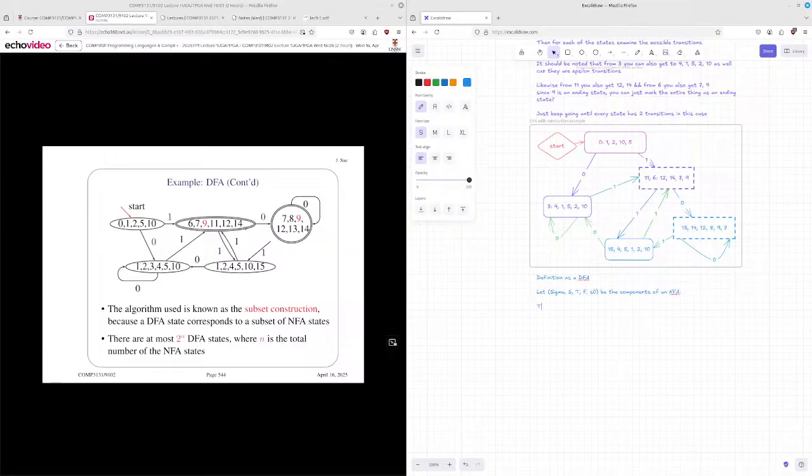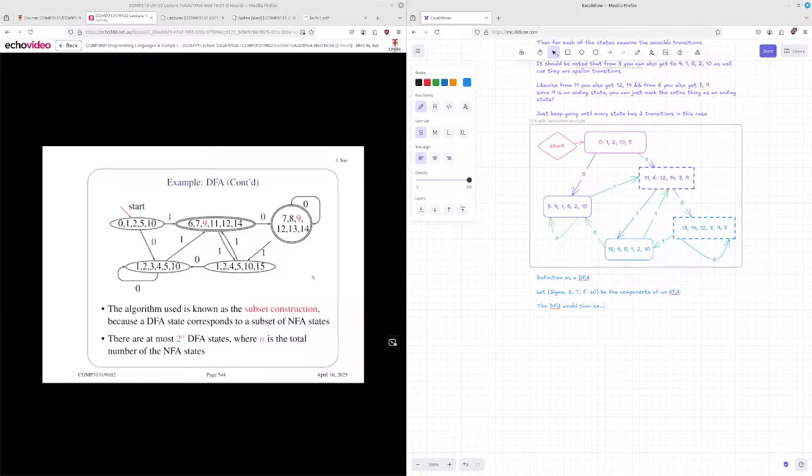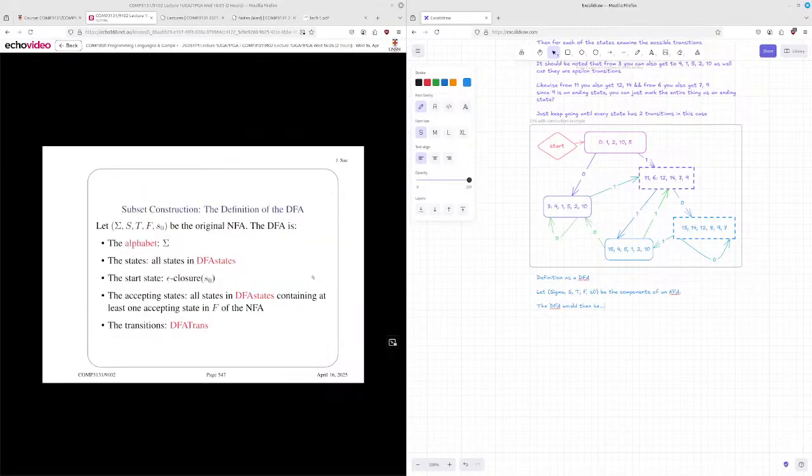Because in our example, there's only one accepting state. Okay? There can be two, there can be three, it doesn't matter. Okay? You look at your NFA, as long as a state contains at least one accepting state, that must be an accepting state for the DFA. Okay? So that's it.